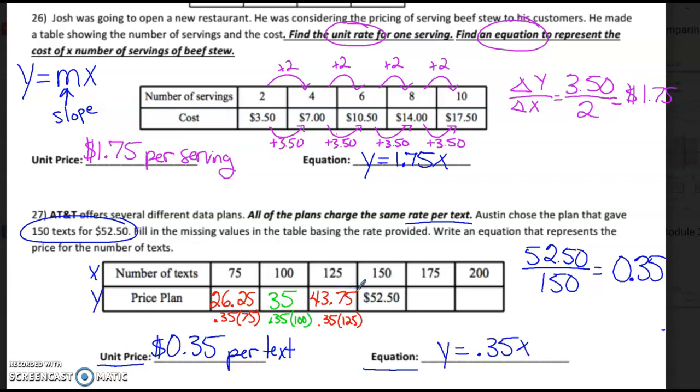Then for 175 texts, 0.35 times 175 equals $61.25. And lastly, 0.35 times 200 texts lets us know that it is going to cost $70 for 200 texts.